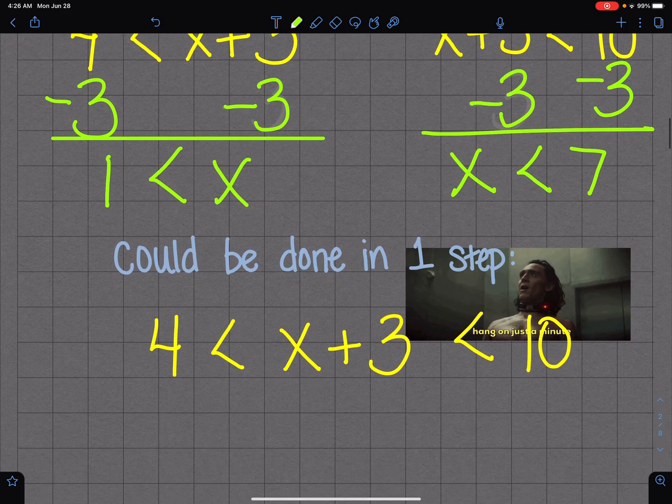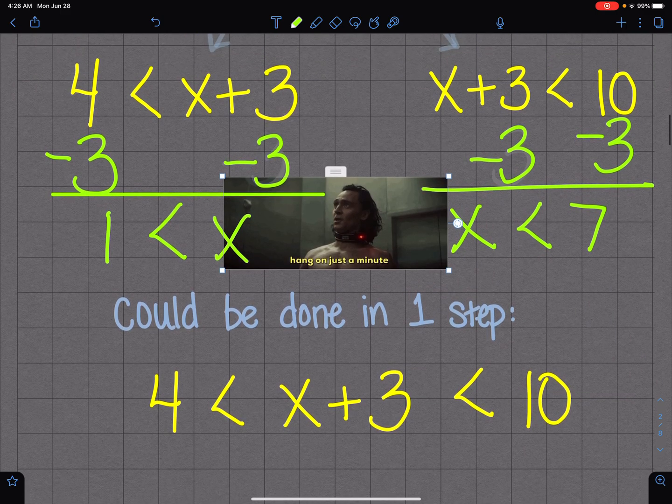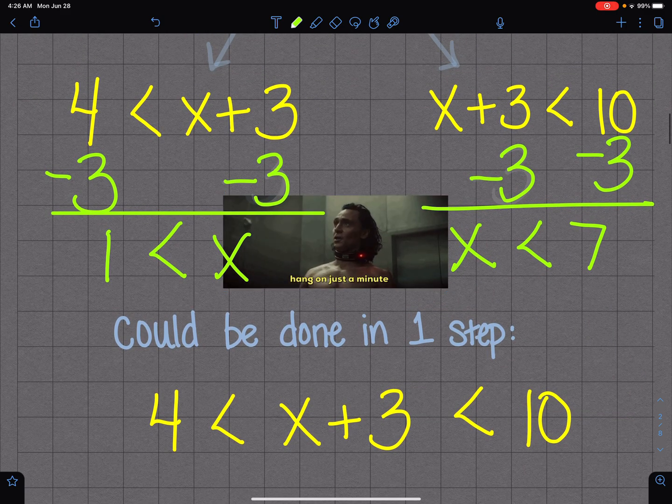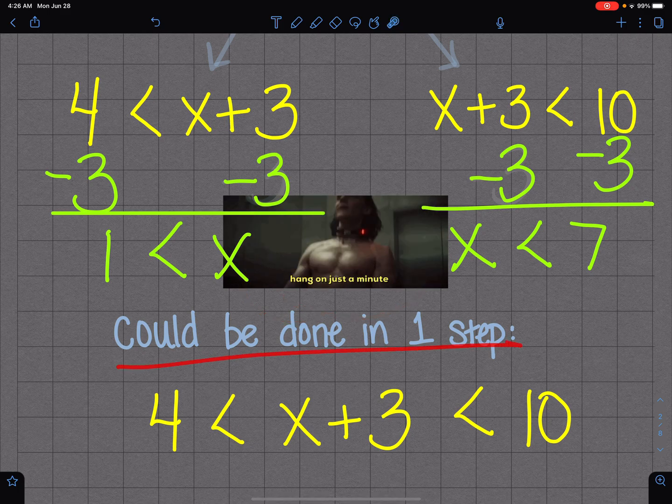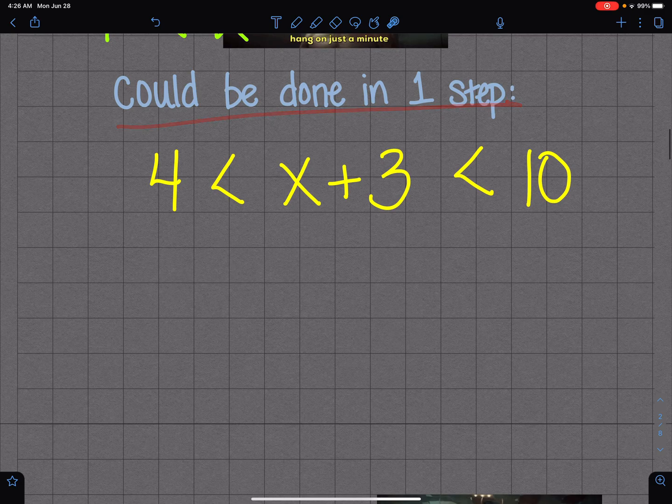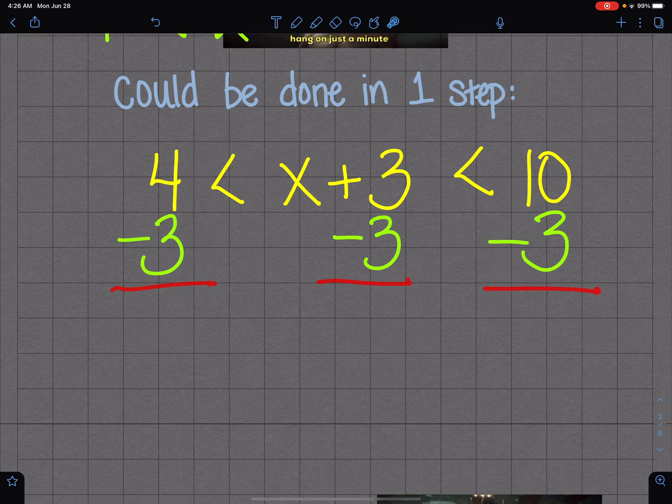Okay, now if you're Loki, if you're smart like him, which you are, you're actually smarter, he's saying, hang on just a minute. We can do this in one step because we did the same thing to both sides. So if this is the conjunction that we're starting out with, we're going to subtract 3 from the middle, subtract 3 from the left, subtract 3 from the right. So we have to do it in every part of the inequality.